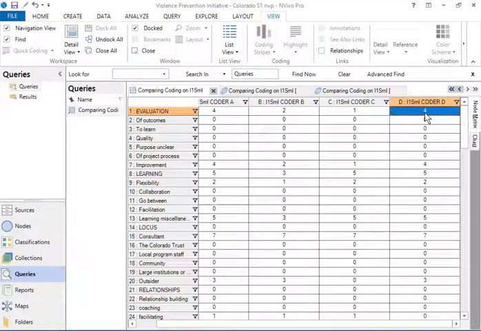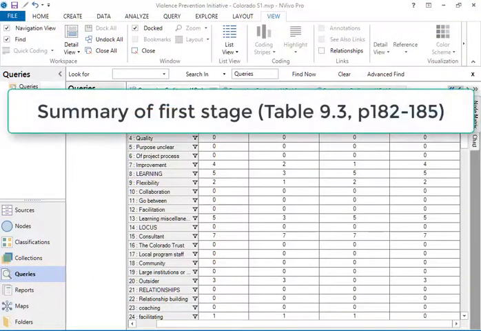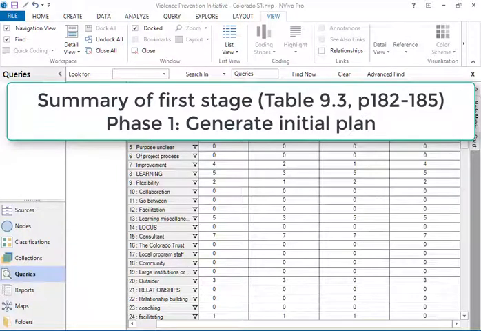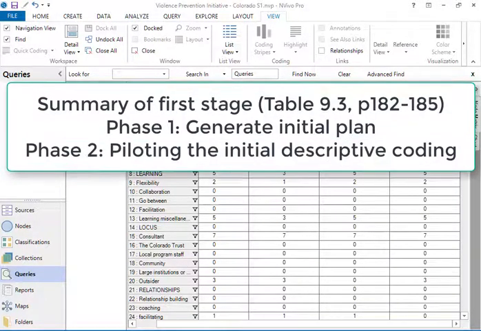So that concludes stage 1 from table 9.3, where we had 3 large phases. Phase 1 was developing coding, which we primarily did outside the database. Phase 2, where we coded in pairs in 2 copies of the shell of the project.